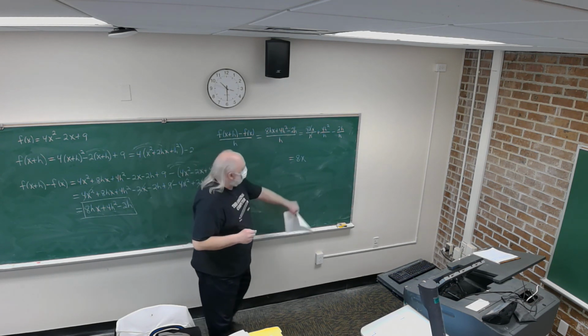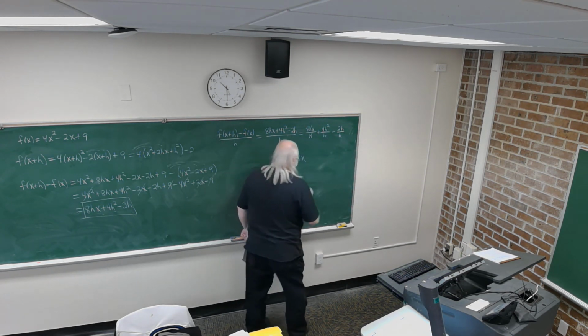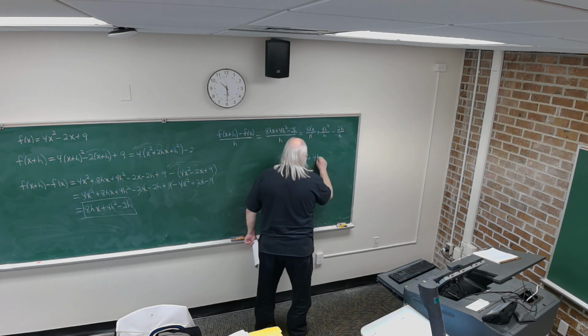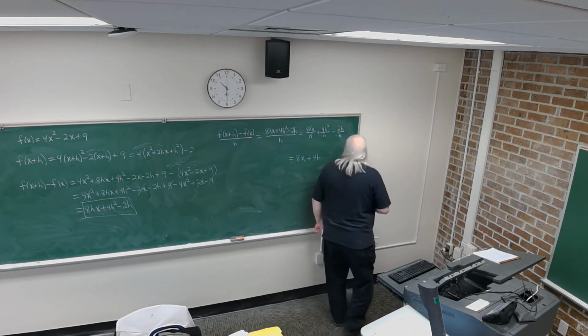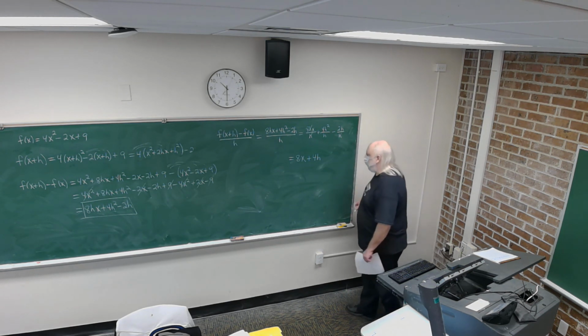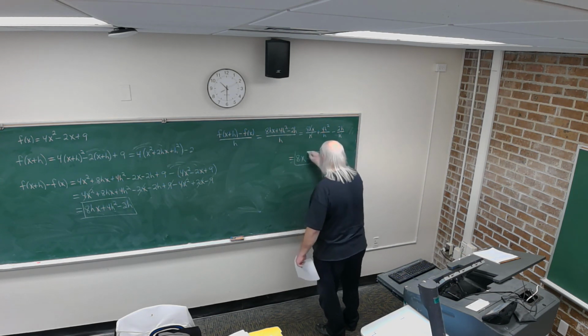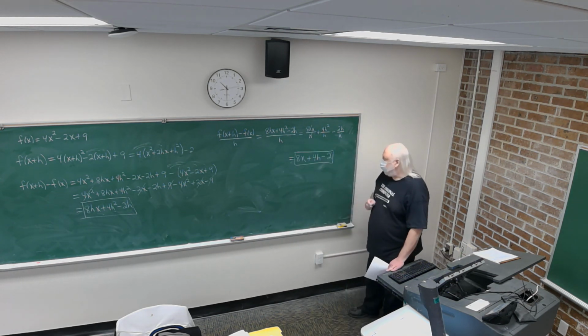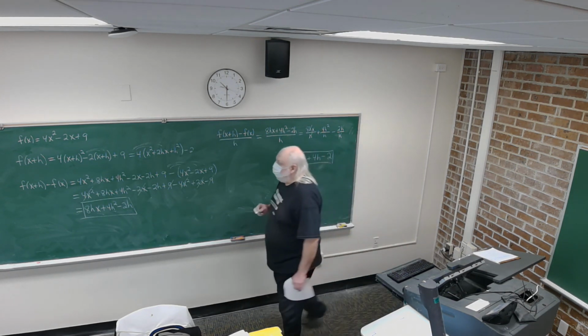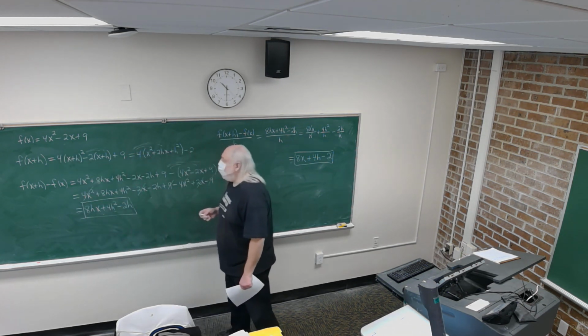In the second quotient, this h cancels out one of the h's in the numerator, right? h squared over h is just h, so we have plus 4h. And in the third quotient, h is canceled, and we're left with minus 2. So this is the difference quotient for this quadratic function, 4x squared minus 2x plus 9.